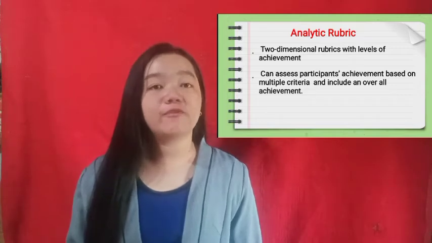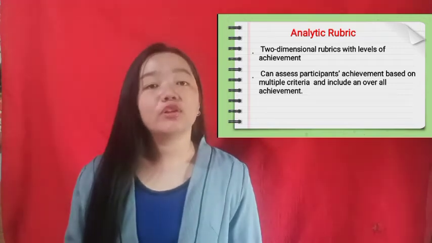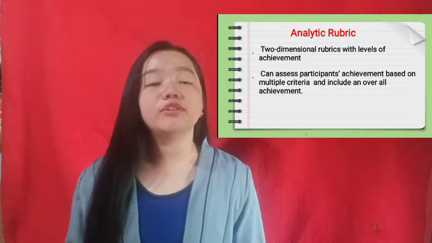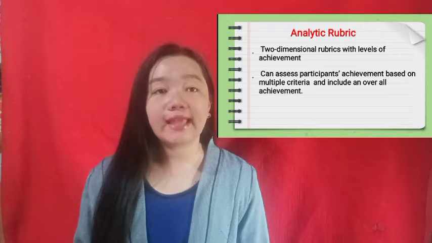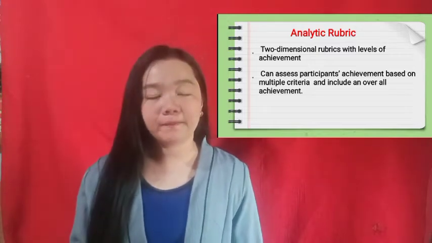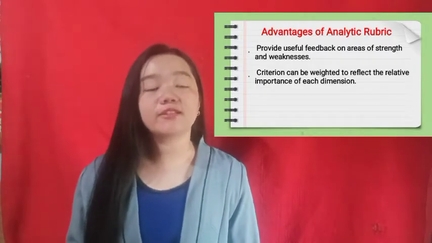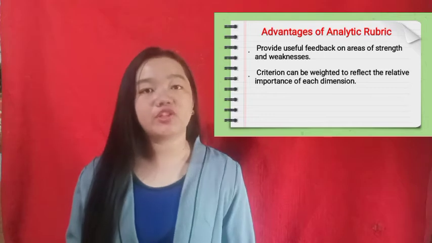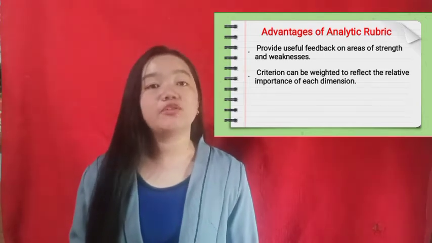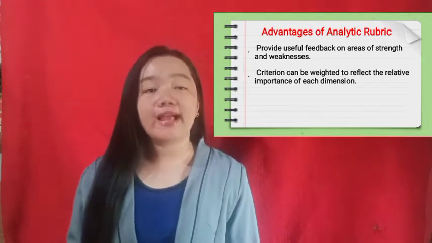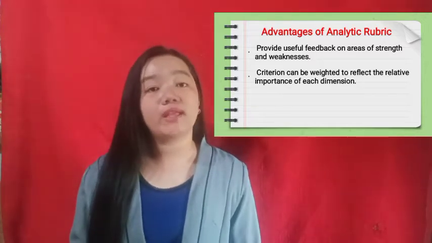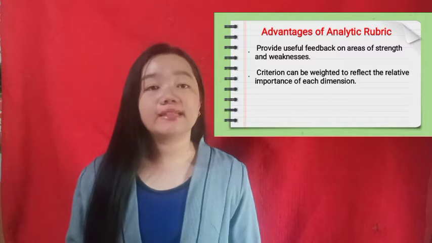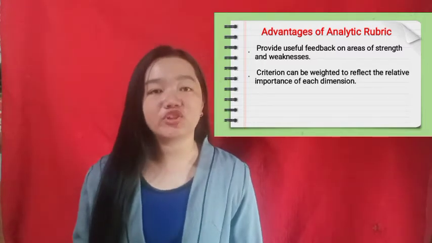You can assign different weights or values to different criteria and include an overall achievement by totaling the criteria written in a table form. Here are the advantages of using analytic rubrics, which include that it provides useful feedback on areas of strength and weaknesses, and the criterion can be weighted to reflect the relative importance of each dimension.